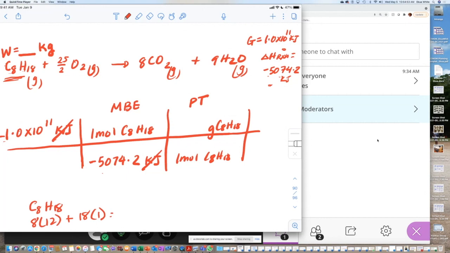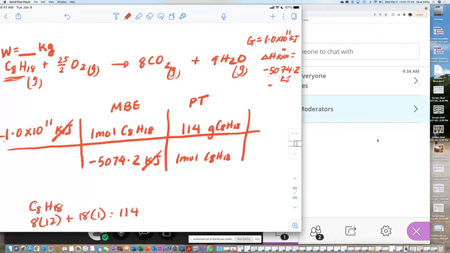So the carbon is this. The hydrogen is this. So I get 114, right? 8 times 12 and then 18 times 1. Okay, I got 114 here.